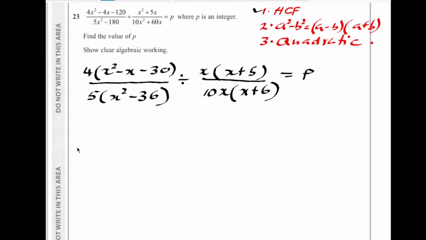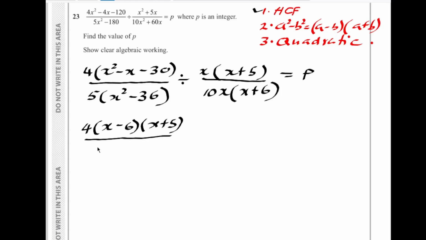After that, let's convert this division into multiplication and try. While doing this one, try to convert this one into factors as well. So I'm gonna write the factors of this one: x minus 6, x plus 5. You can use the calculator to get the factors, or you can do it manually. No harm.